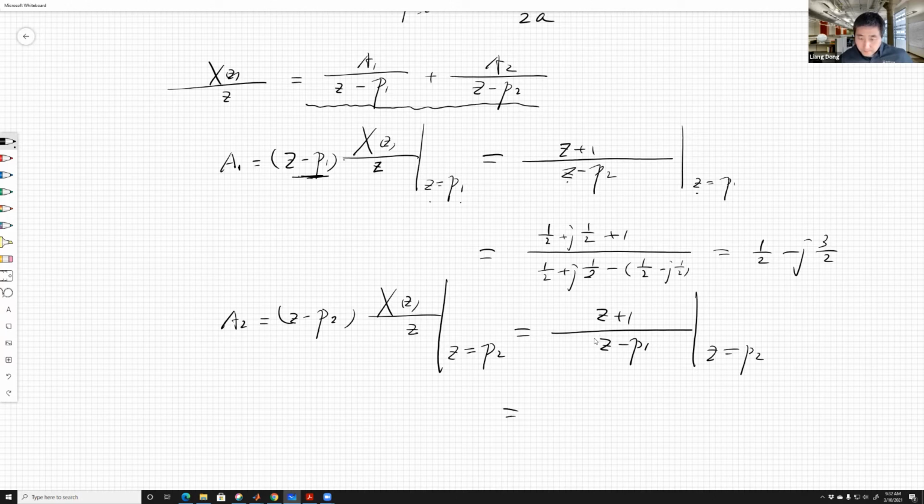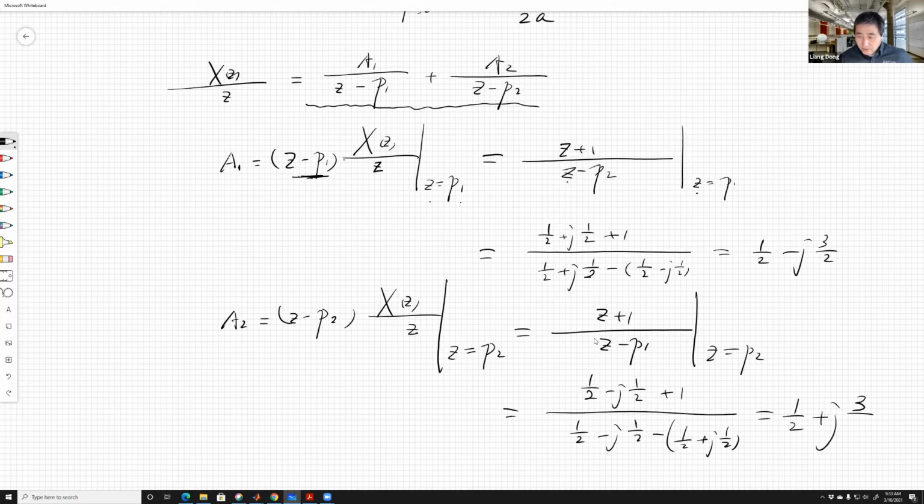So we plug in z is p2, so z is half minus j, plus 1. I plug this in, and p1 I know, p1 is a number, half plus j half. So calculate that, and I will find the answer for A2. So we got this part. Then we have done the partial fraction expansion.